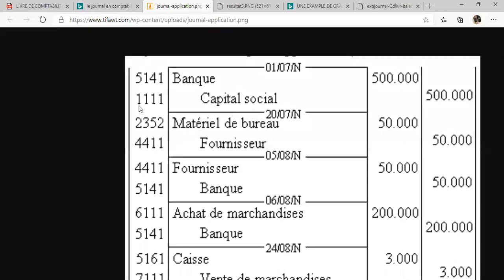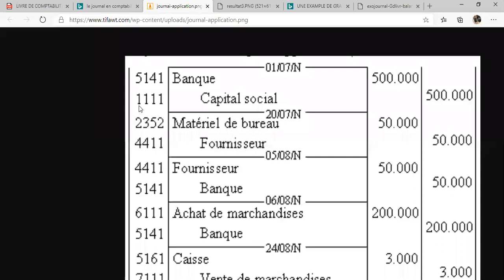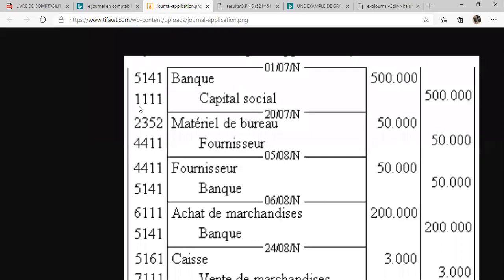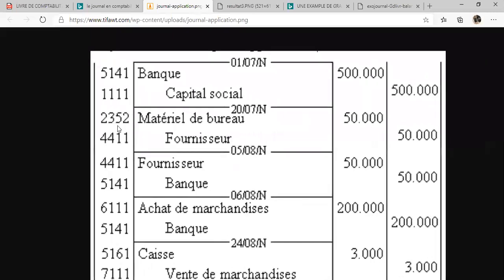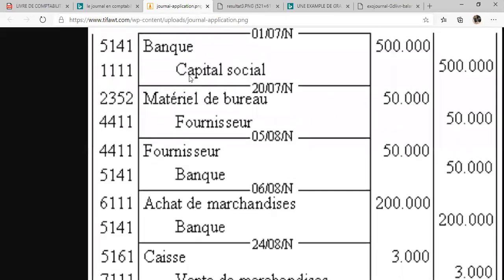I know you've already had your orientation. Let's take this one placed right in front of you. We have bank, capital. In this transaction, the business was started with 500,000 in the bank.